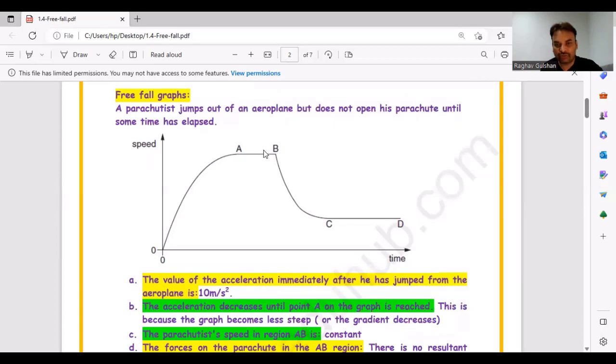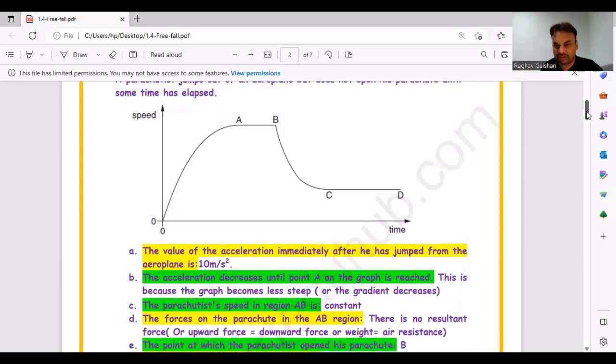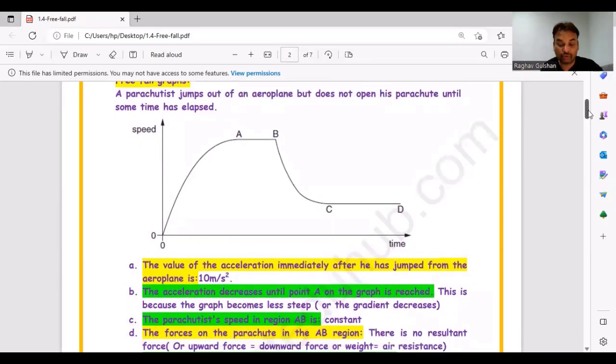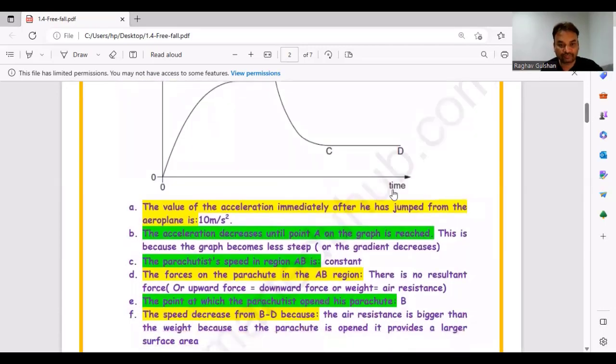There is no net force, meaning the upward force by the air pressure is balanced by the downward force produced by the weight. So the net force in this region is zero, and this is the reason for terminal speed. Because the net force is zero, the parachutist is coming down with a constant speed, or a terminal speed.